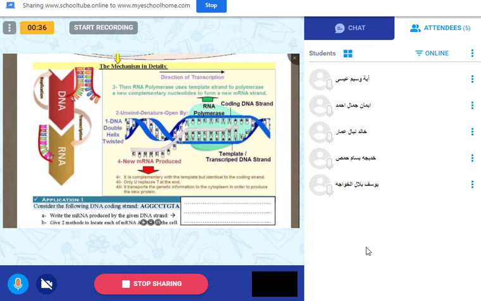Okay, who will be the step 2? آية خالد خديجة يوسف. Just a small sentence. Step 2.